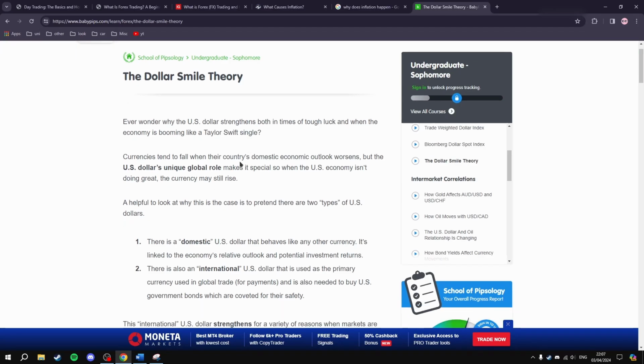Currencies tend to fall when their country's domestic economic outlook worsens. But the US dollar's unique global role makes it special, so when the US economy isn't doing great, the currency may still rise.